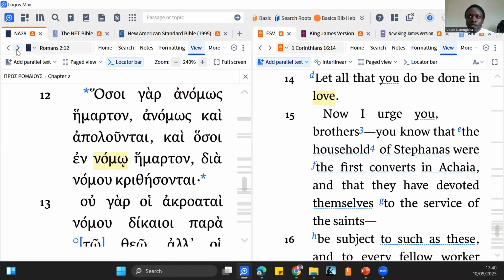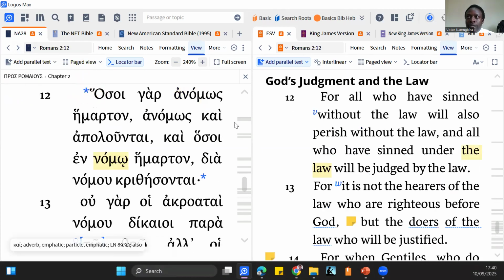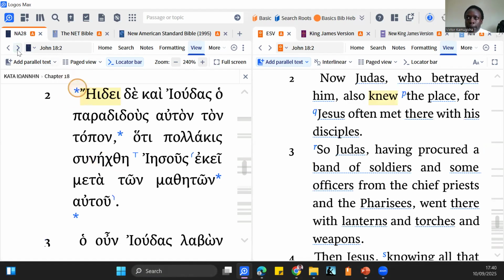Then I'll go to Romans 12, verse 2. I'm looking at the word law here. You see under the omega, there's a kind of small L. It means that's an iota that went under the vowel. So that's an iota subscript.